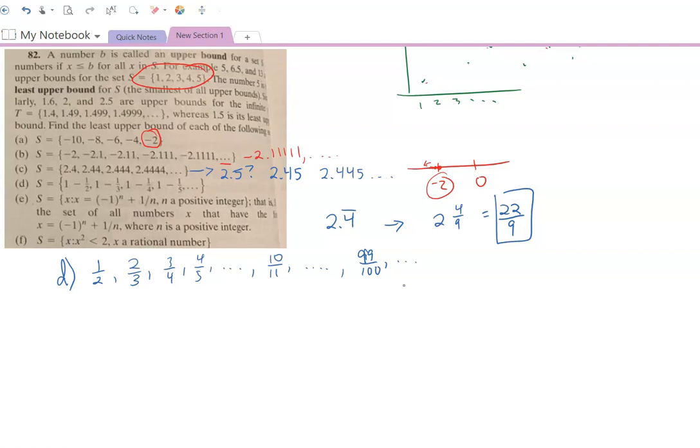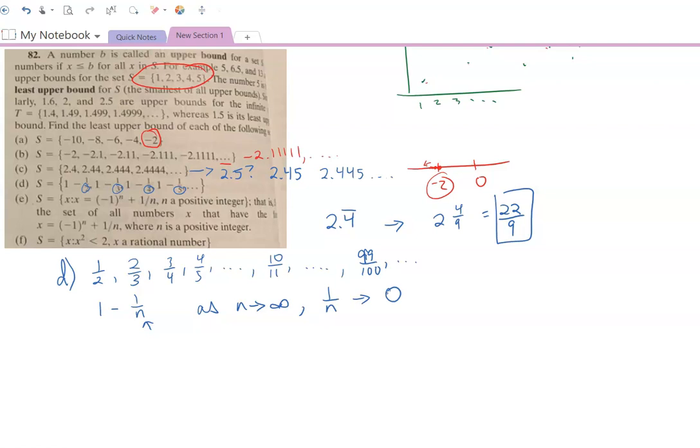Another way to think of this is each number is 1 minus 1 over n, okay, where n is an integer, and as n gets bigger, because we've got 1 over 2, 1 over 3, 1 over 4, 1 over 5, etc. As n approaches infinity, then 1 over n will get smaller and smaller and smaller, or in other words, it will approach 0, okay?